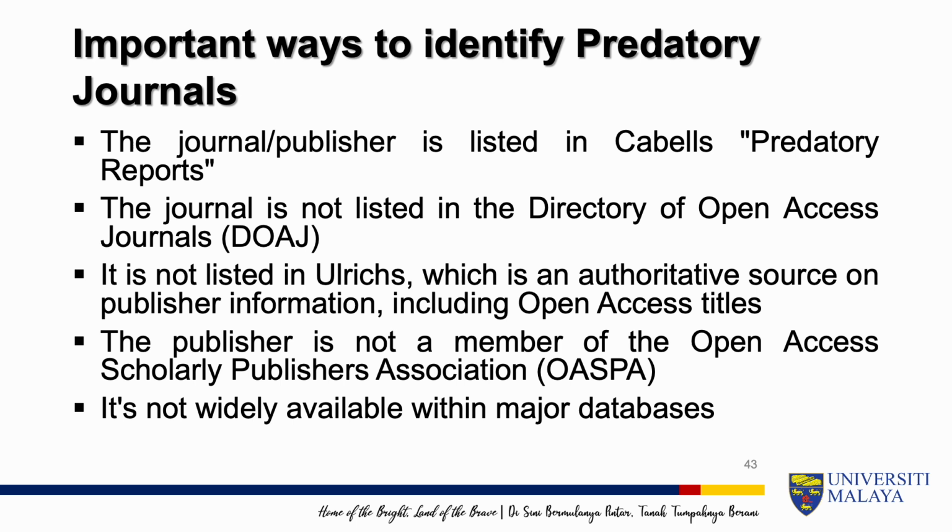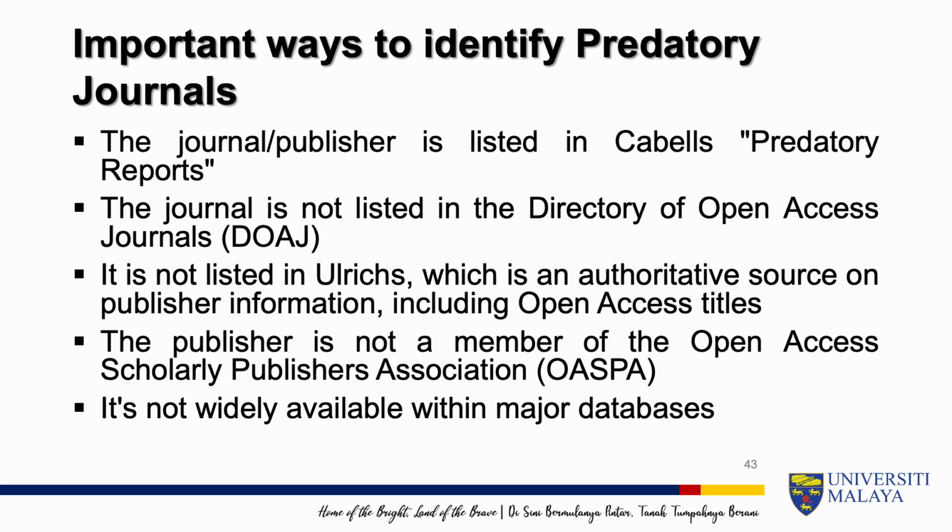Okay, and most of the time, the most common one that we all use is the Directory of Open Access Journals. If you go to the DOAJ, you can actually check whether those journals are listed in the DOAJ. If they are not listed, then they are not authentic journals to submit your publication.